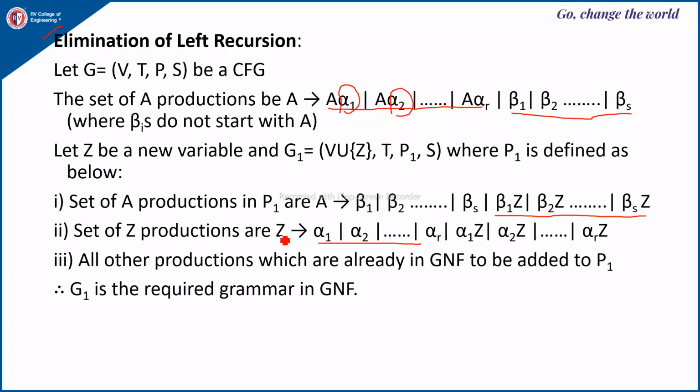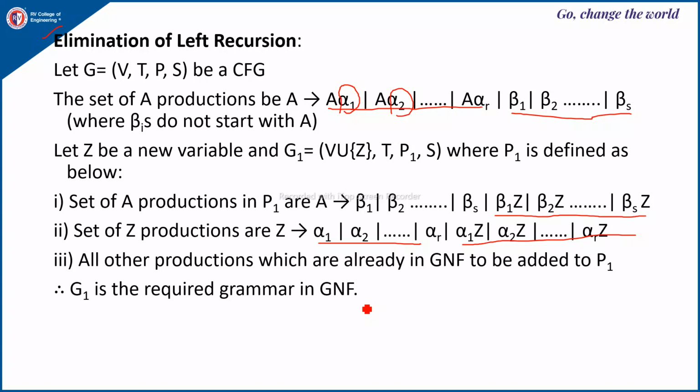I will add these as Z productions along with alpha 1 Z, alpha 2 Z and alpha r Z. These are the new set of Z productions I will add to the set of productions P1. All other productions which are already in GNF are added to the production set P1. Therefore, G1 is the required grammar in GNF. This is the procedure to convert a grammar into GNF.